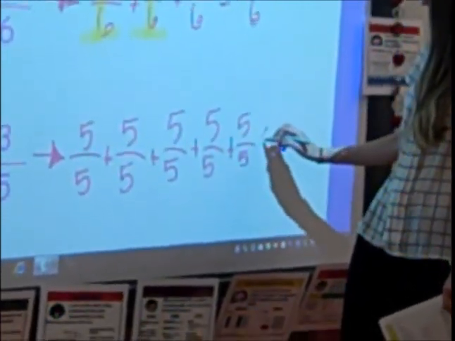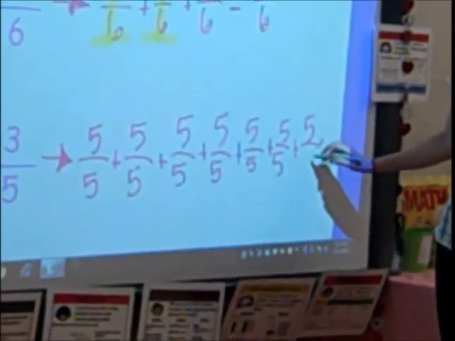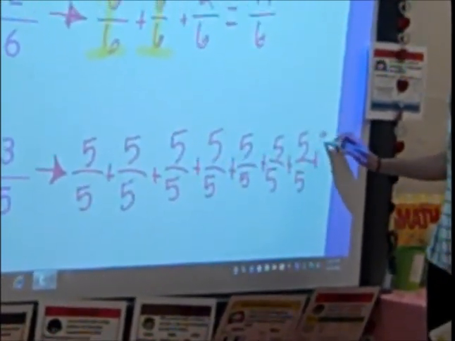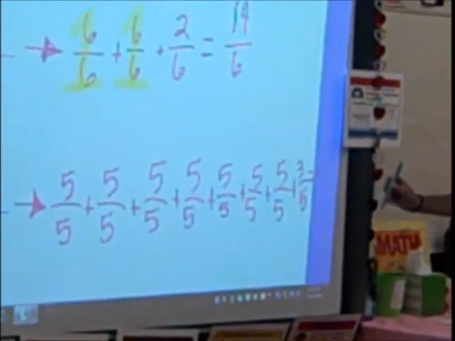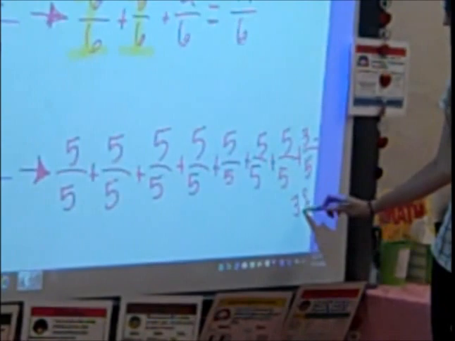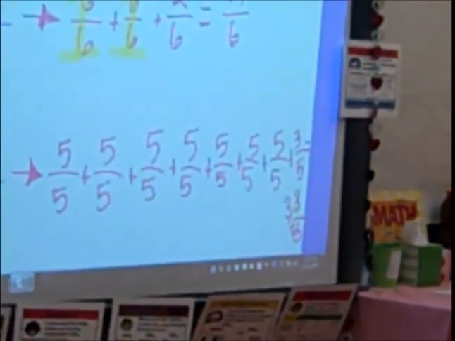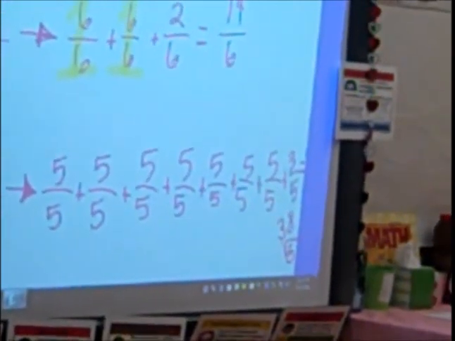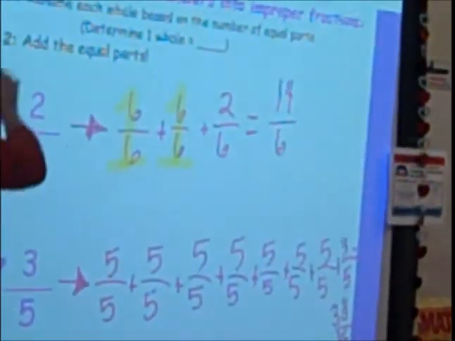That's 4, 5, 6. And they should be able to skip count by 5 very easily. Yep. 38. And if you checked it with your thinking, 7 times 5 is 35, plus 3 is 38, you get the same answer. All right?